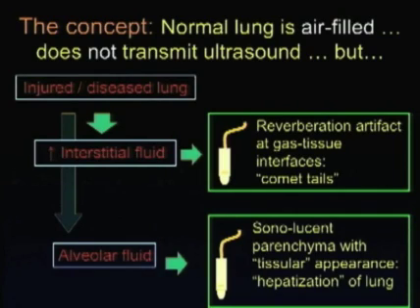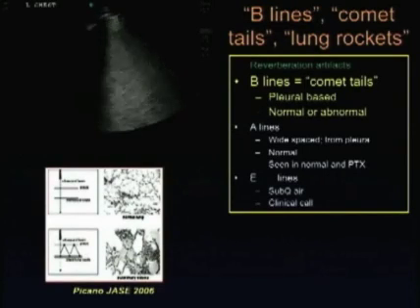The findings with alveolar fluid are of essentially an organ that is now a fluid-filled organ which transmits ultrasound, and so the description of this is often as a tisular or hepatized appearance, because it actually does look much more like liver than lung at this point.